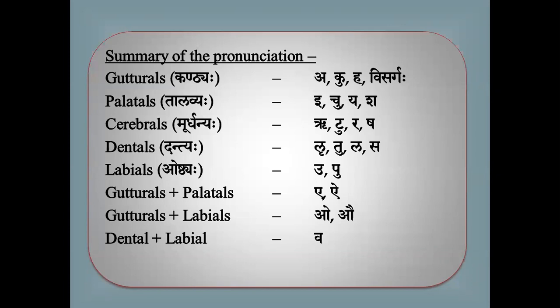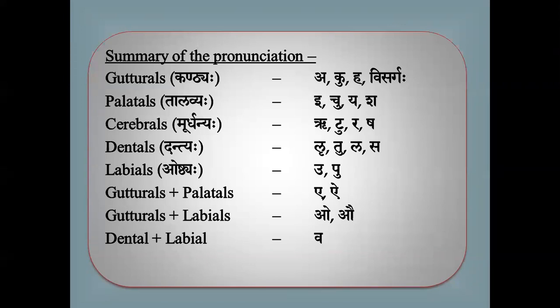The third one, Ru, Murdanya. And the Tavarga, Tu. And Ra, the semi-vowel, and the sibilant, Sha. So, Ru, Tu, Ra, Sha, Murdanya. You can remember like this. Akuha Visargaha, Kantyaha, Ichu Yasha, Talavyaha, Ru, Tu, Ra, Sha, Murdanya, cerebrals.